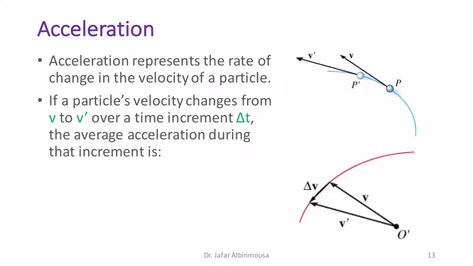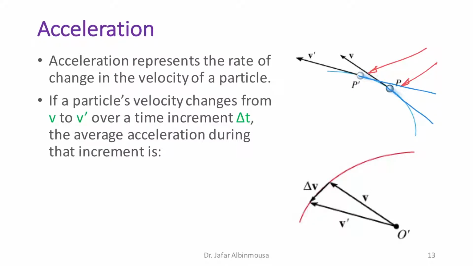For example, if the particle P is at this position and then moves to P prime, and we are able to measure the velocity of this particle at this time, so this is the tangent. Be careful, as I explained before, velocity is always tangent to the path. And this is also how the second velocity vector, v prime, is tangent to the path.